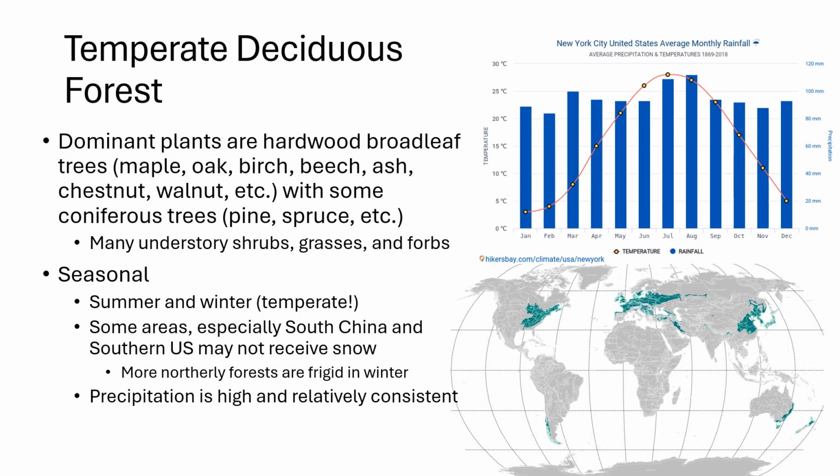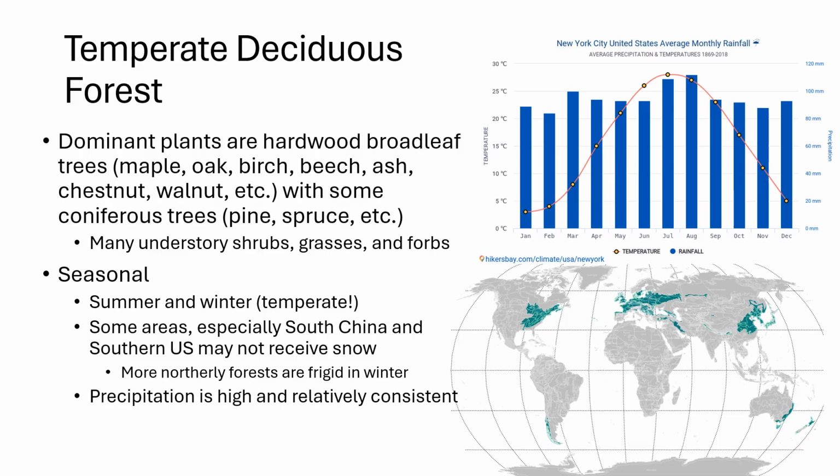Really think most things besides conifers, the pines and spruces. However, there are going to be some of those coniferous trees. There's going to be lots of understory shrubs, some grasses, but sometimes you're going to have just an open forest floor underneath of the dense canopy where there's just leaf litter and no plants growing up in the understory except for young trees.